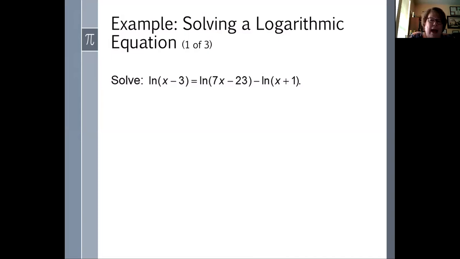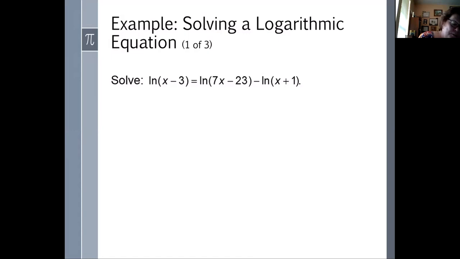You could add the natural log of x plus 1 to both sides of the equation so that you have the sum of two logarithms that you can write as a product. That might be beneficial. Or on the right-hand side, you can just condense those two logarithms into the logarithm of a quotient because you have the difference of two logs.